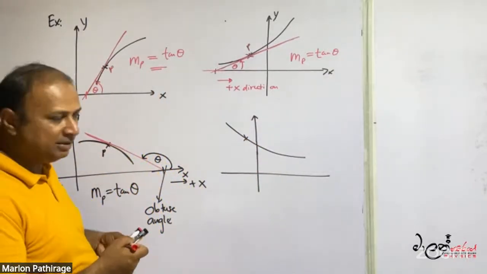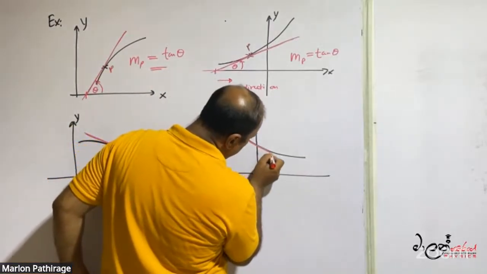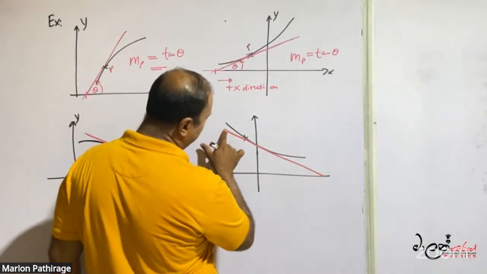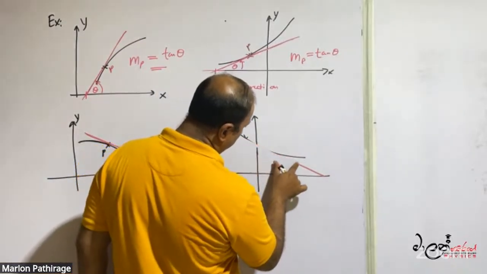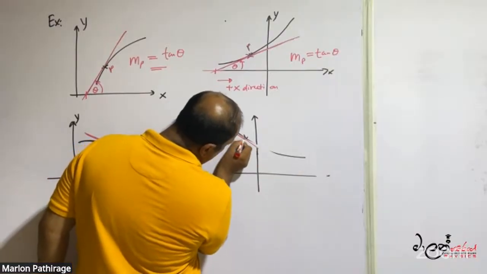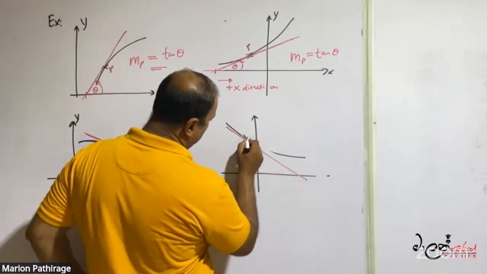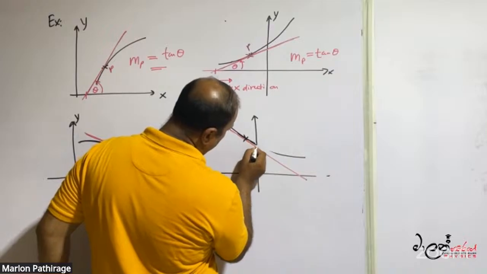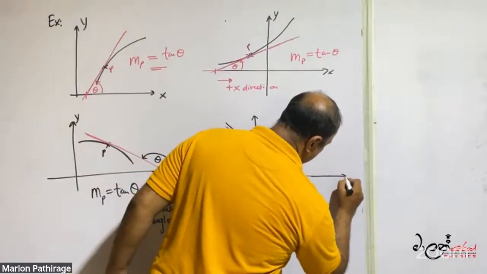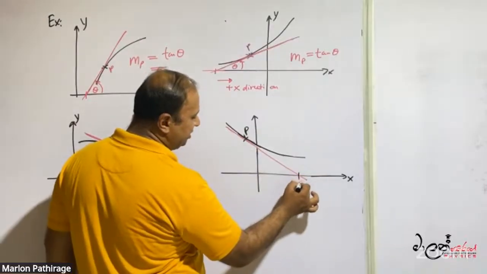Then draw a tangent to the graph at this point. Now, this is the intersection point.